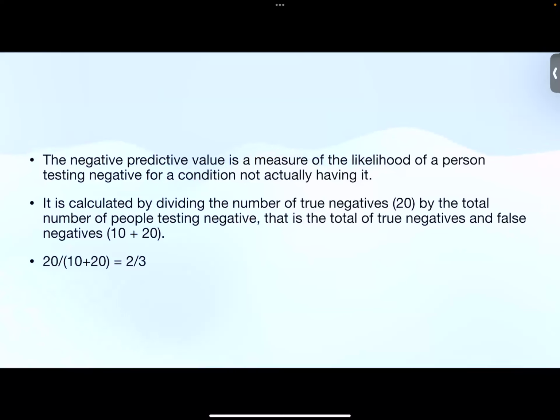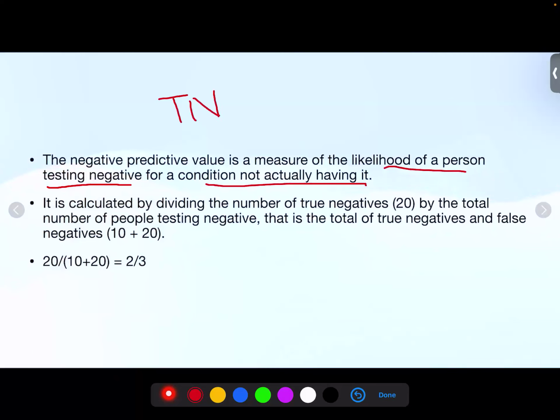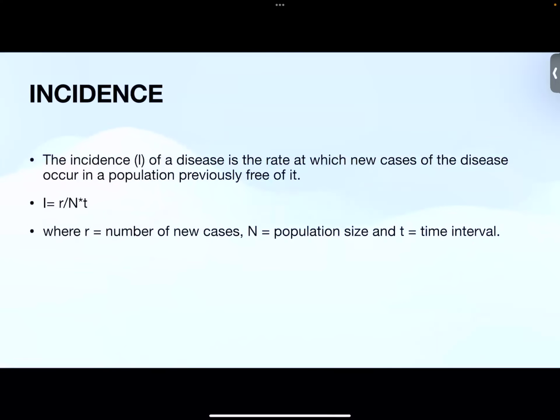Okay, so the negative predictive value is the likelihood of a person testing negative for a condition not actually having it, meaning that the test is negative and the disease is not present, so again it means the true negatives would be more. Okay, so these are the 4 very important definitions, and you need to practice those questions.